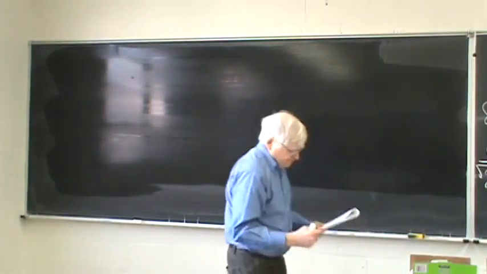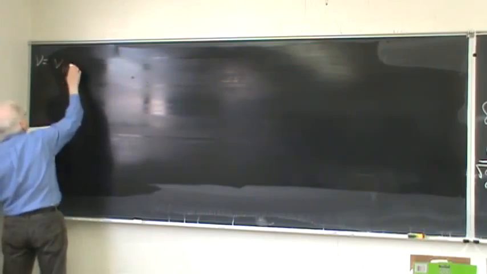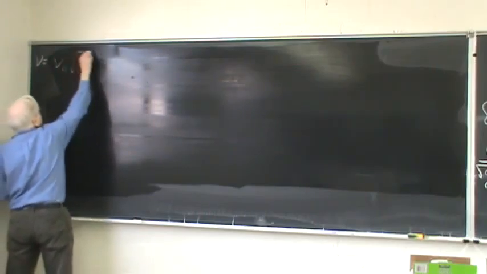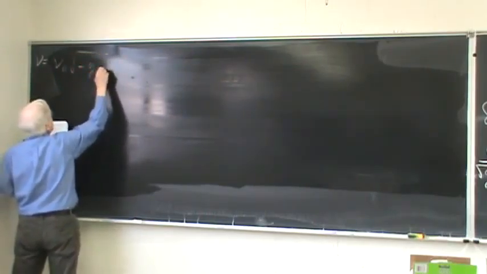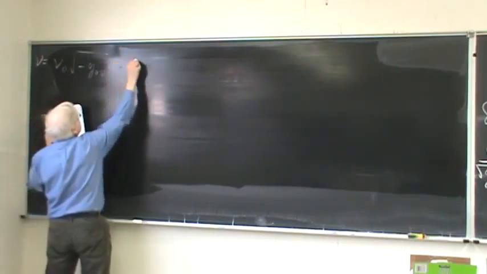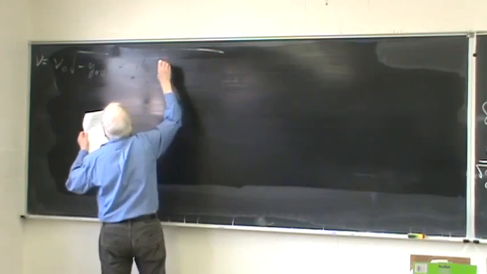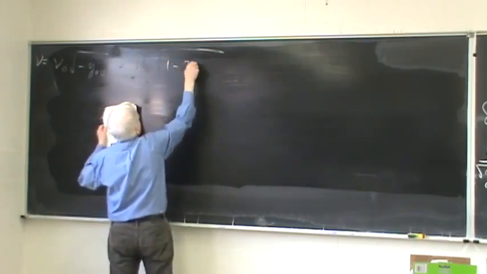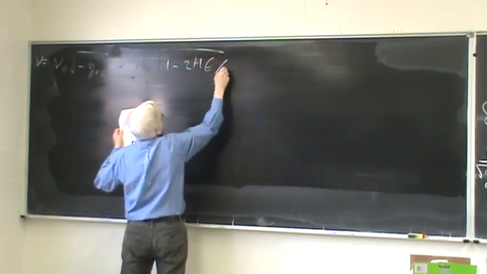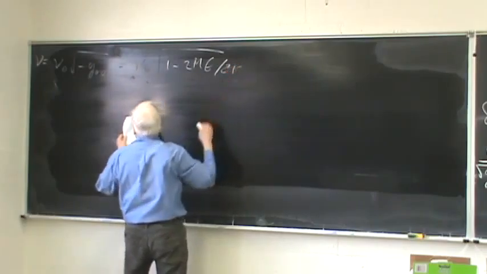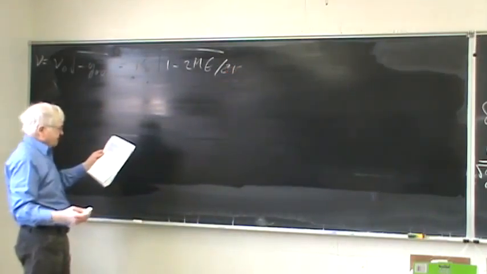The answer, using essentially the same formulas, is that nu is equal to nu zero times the square root of minus g00. It's basically the same formula, 1 minus 2mg over c squared r, but now for the surface of the sun.